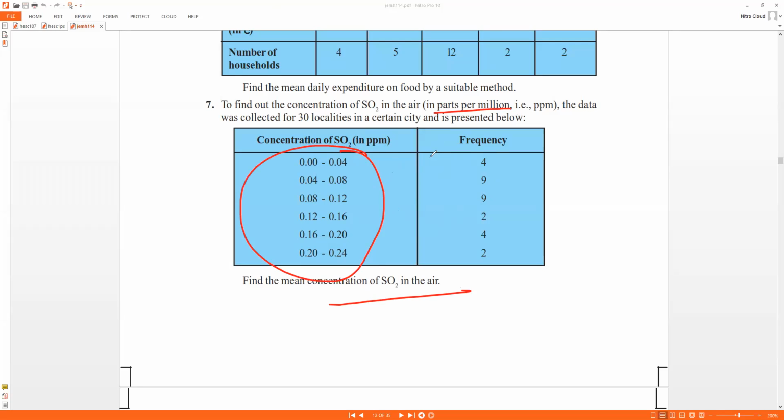Find the mean concentration of SO2. Frequency is given. There are 30 localities. So sigma fi is 30, we understood that. Now will you use the direct method or assumed mean method? Which do you think we should use? Use the direct method and do it. Will everyone be able to do it? Okay.